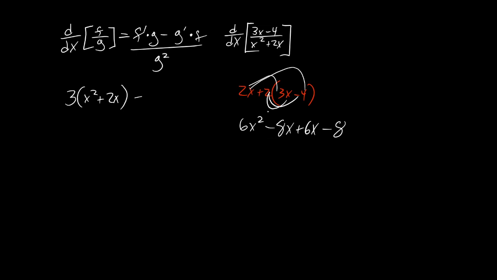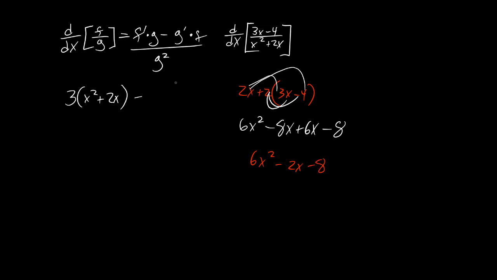And then see we have like terms right here, negative 8x and 6x, which is just negative 2x. So in the end we get 6x to the power of 2 minus 2x minus 8.